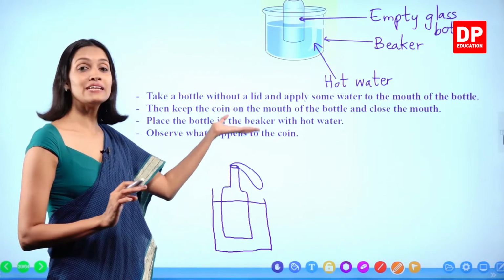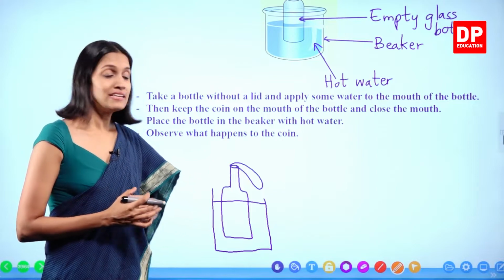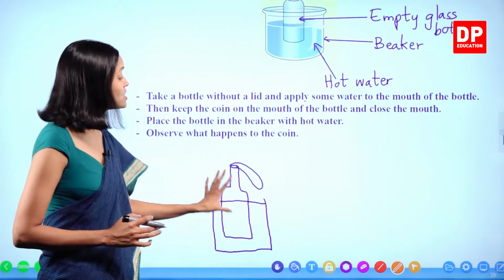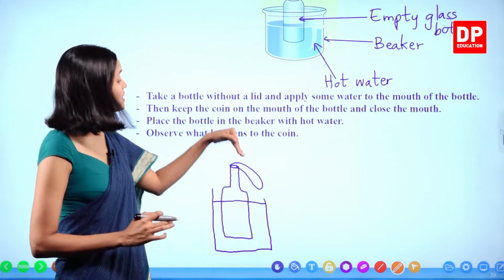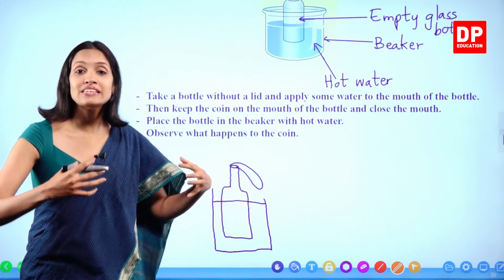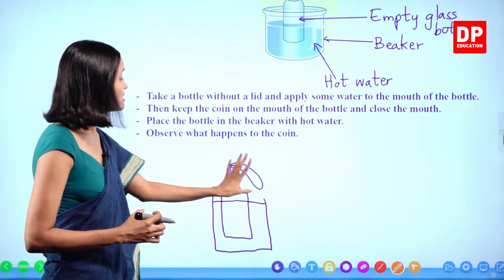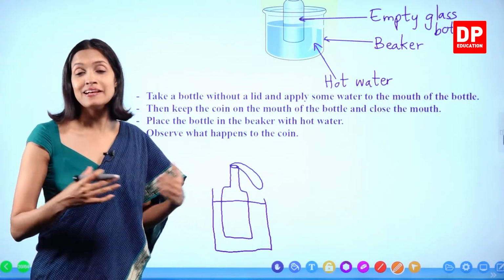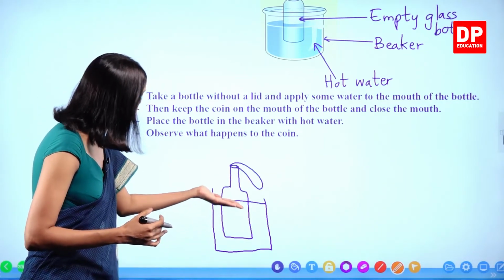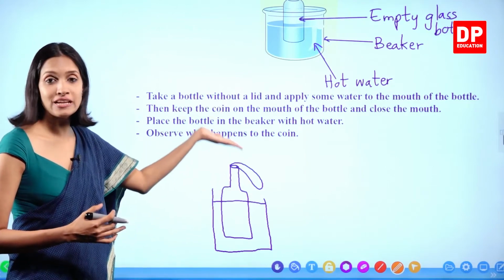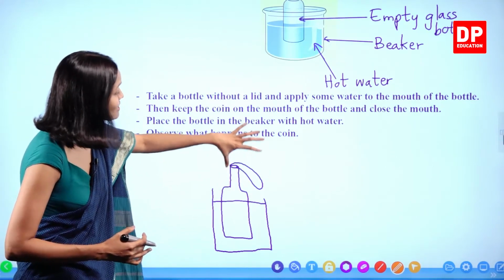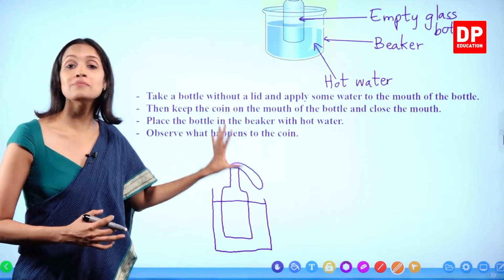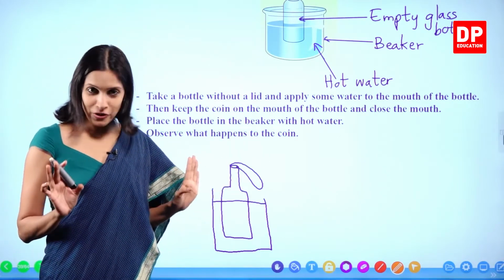You could see clearly the balloon inflates. Again, even though the bottle looks empty, air is filled inside it. When we immerse the bottle in hot water, it absorbs heat, and therefore the air inside expands, which means the volume increases. The increased volume goes out of the bottle and is collected inside the balloon, so that when air gets filled inside the balloon, the balloon inflates. Okay, children?